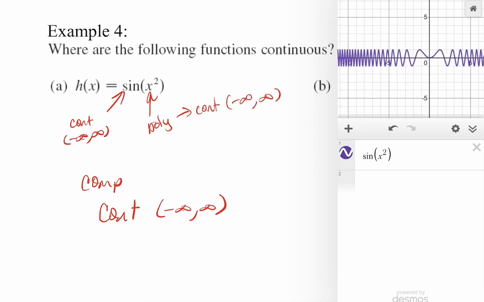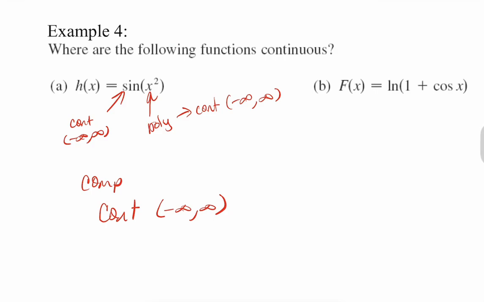Does that function have any breaks in the graph? No. If you put your pencil down in one spot, you would trace it for the rest of your life without ever lifting your pencil. And that's a good way to think about what the graph should appear like in a continuous function. Let's take a look at this next one.